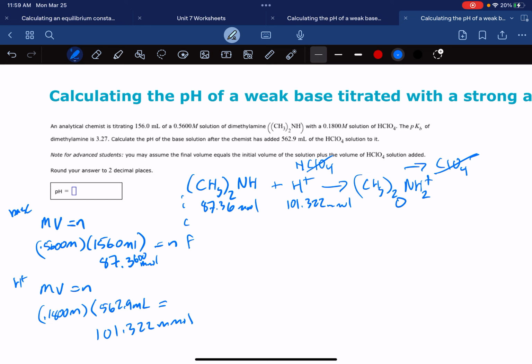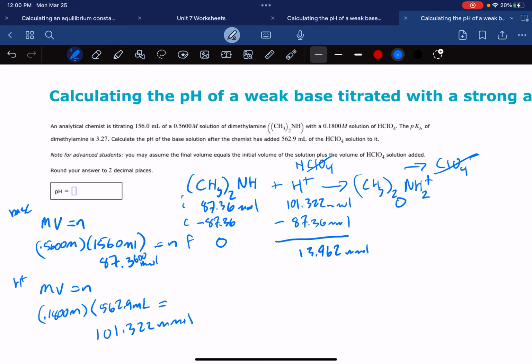Since this is a one-to-one relationship, all of this is going to get used up because there's less of it. 87.36 is going to be subtracted. We have none of this, and then we're going to subtract 87.36 millimoles of this. What's really important is that when we do the math, we end up with approximately, and by approximately I mean exactly, 13.962 millimoles.